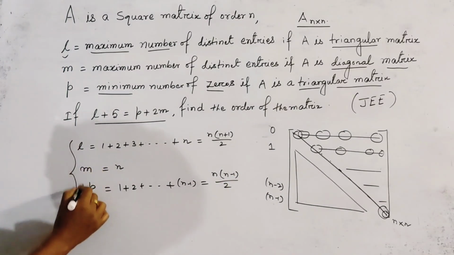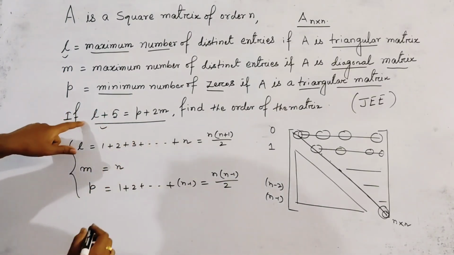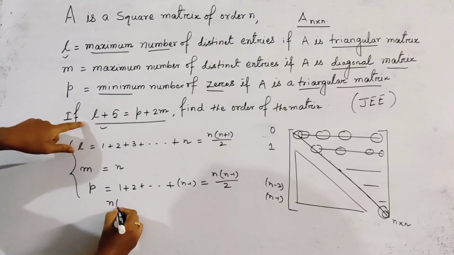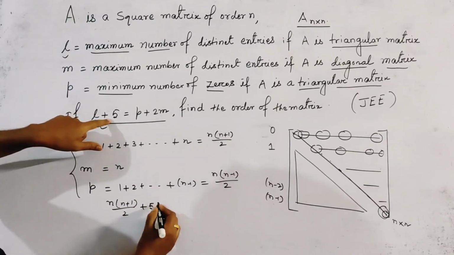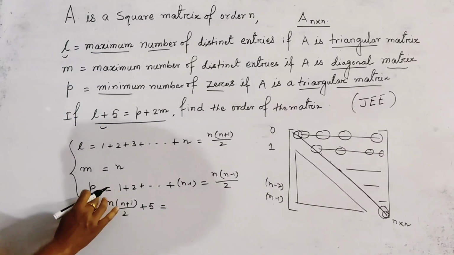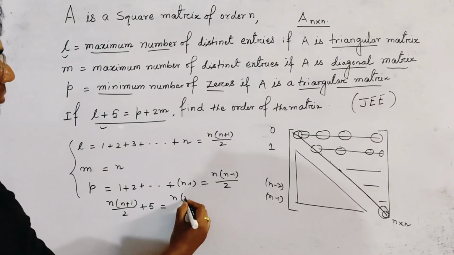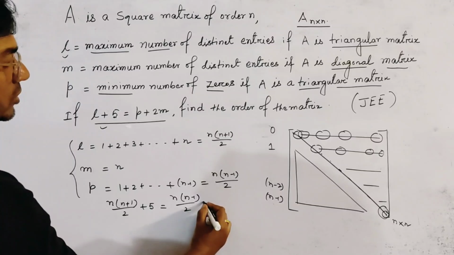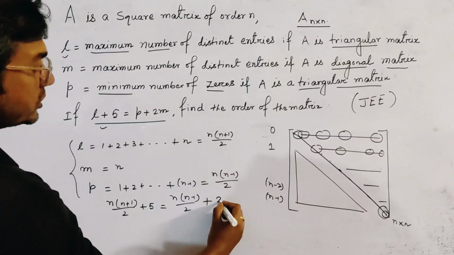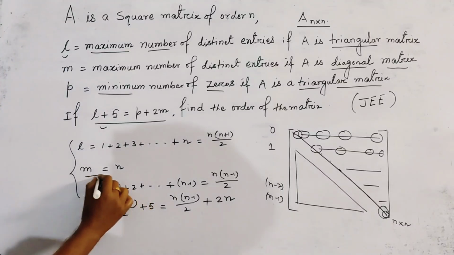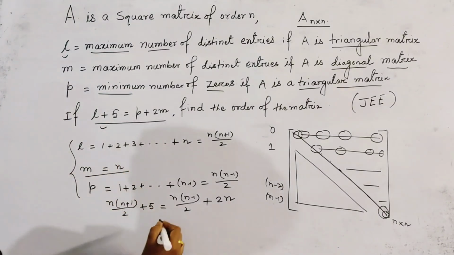Now putting these three values here, we get the result: n into n plus 1 by 2 plus 5 is given by P, which is n into n minus 1 by 2, plus 2M. So this is 2n because M equals n, right?